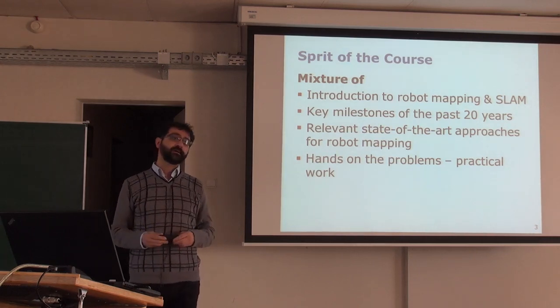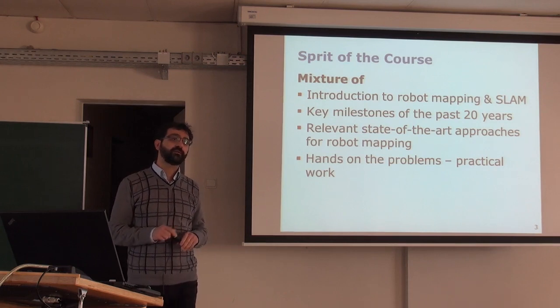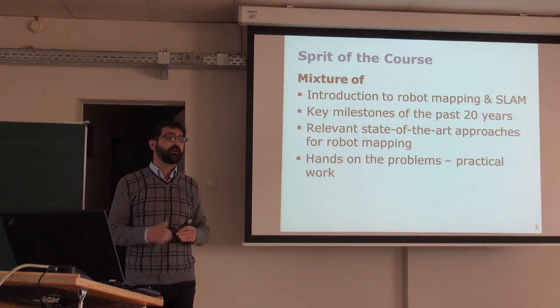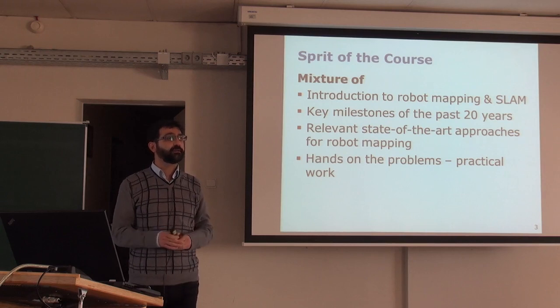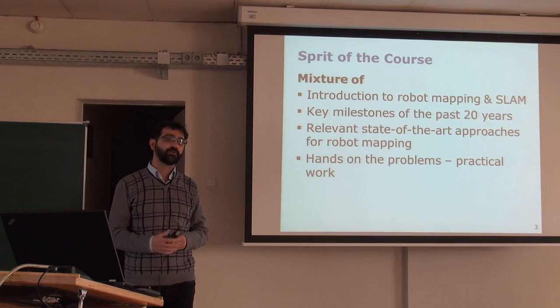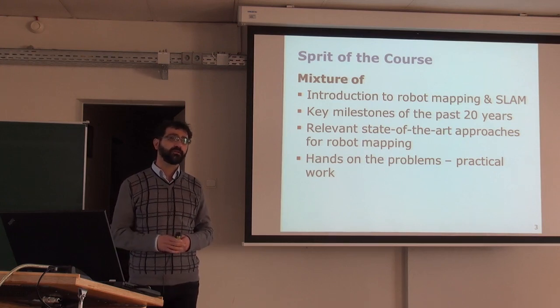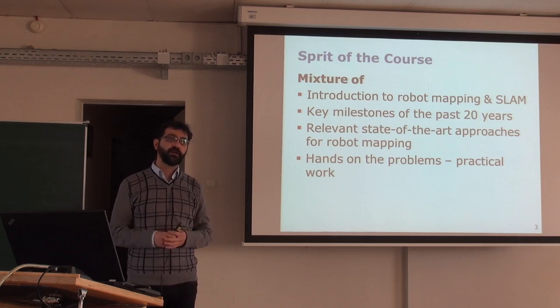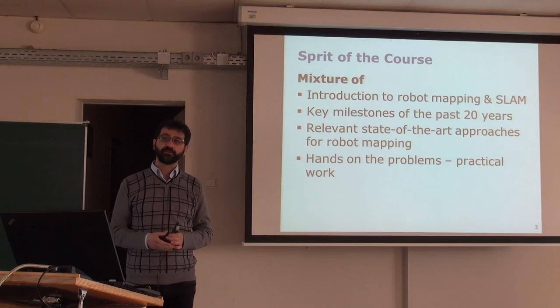And during the exercise, we're trying to do something a bit practical. So you will have Octave code, and you will have some exercises to solve some simpler mapping problems, and you will do it on your own using Octave, and try to get also coding experience on how to estimate, how to model, how to build models of the environment.